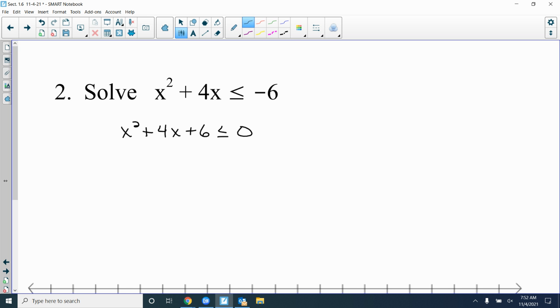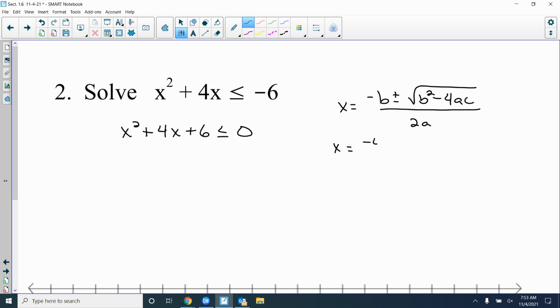Nothing I know of. So if it doesn't factor, it doesn't mean it doesn't have zeros. It means it just doesn't factor. So what do we have to do? Quadratic formula. Do the quadratic formula and see what you get. I'm going to do it over here. x equals negative b plus or minus the square root of b squared minus 4ac, all over 2a.